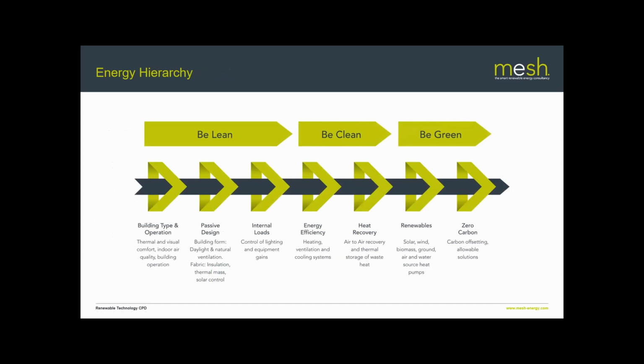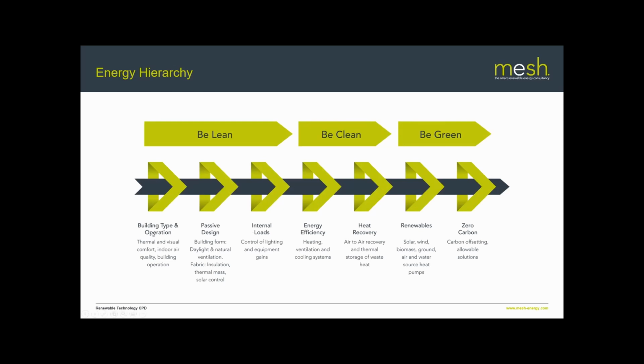The next thing I'm going to talk about is a little bit about the energy hierarchy. Again, we include this slide in almost every one of our presentations because it is absolutely central to the work that we do as Mesh, and also the way we feel that anybody tackling a green project should be working.